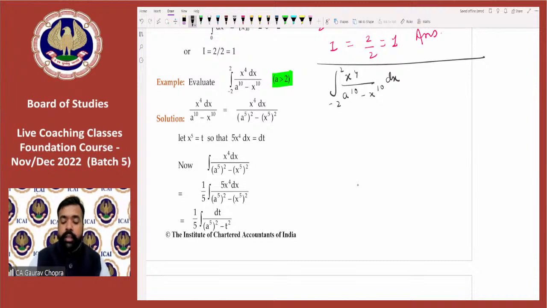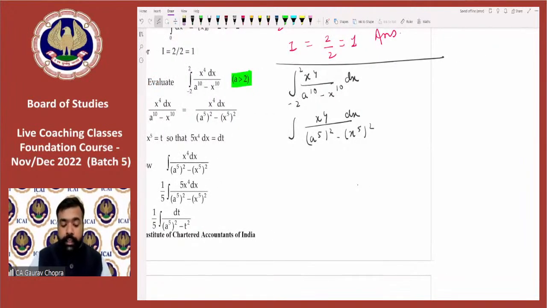One thing can be done. The power 10 can be written as power 5 whole square, so (a to the power of 5) whole square minus (x to the power of 5) whole square dx. This we have written. Now in the denominator we have x to the power of 5 and in the numerator x to the power of 4.